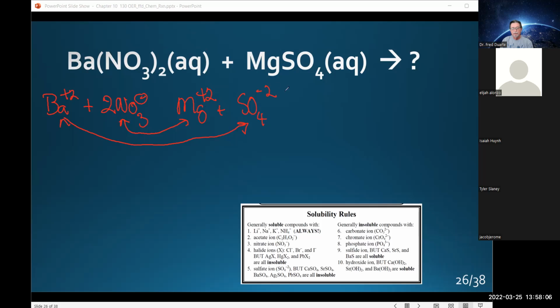Okay. Now, when I combine the barium and the sulfate, note that I get a +2 for the barium and a -2 for the sulfate. So I can put them together in a simple 1-to-1 ratio. Okay, so we're going to come back to the solubility here in a second. Now, the other aspect is the magnesium and the nitrate.